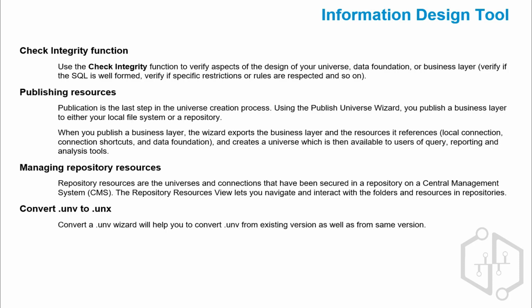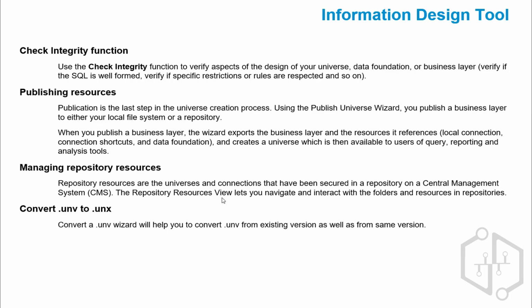Only if that CMS server is up and running can we access our BO resources from our development side. For this also we have three servers for three different systems: development, quality, and production.